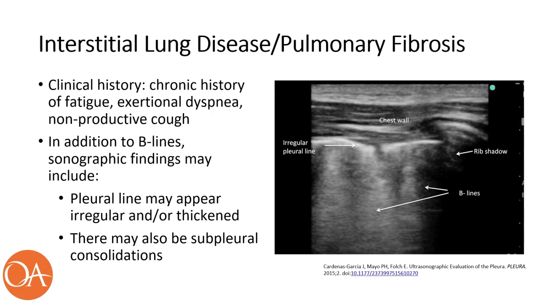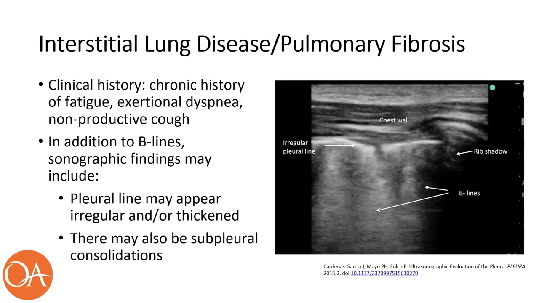When evaluating for interstitial lung disease or pulmonary fibrosis, both clinical history and ultrasound findings play critical roles in raising diagnostic suspicion. Patients often present with a chronic and progressive course characterized by fatigue, exertional dyspnea, and persistent non-productive cough. These symptoms typically evolve gradually over time. On lung ultrasound, several characteristic features may be observed, most notably diffuse B lines, often bilateral and extending across multiple lung zones.